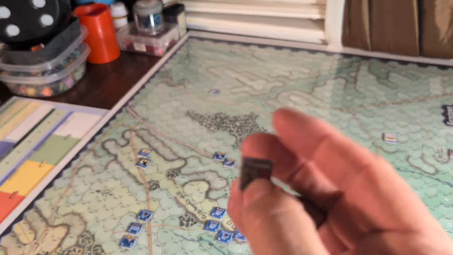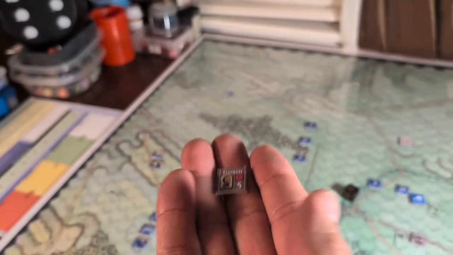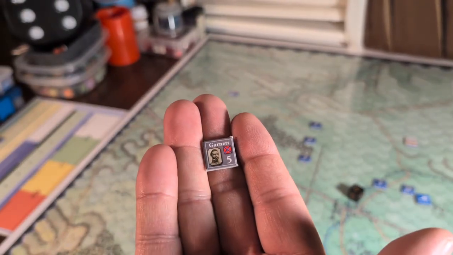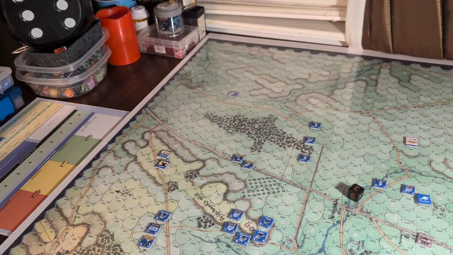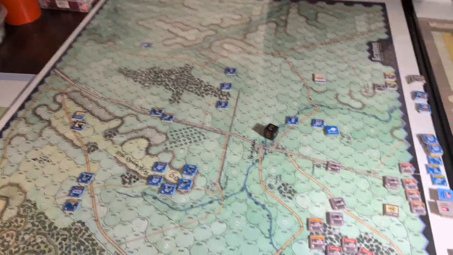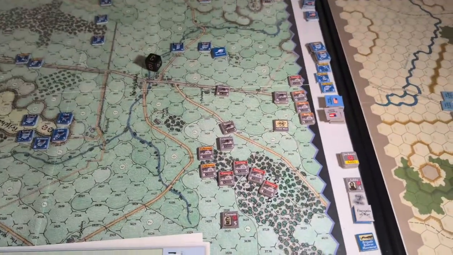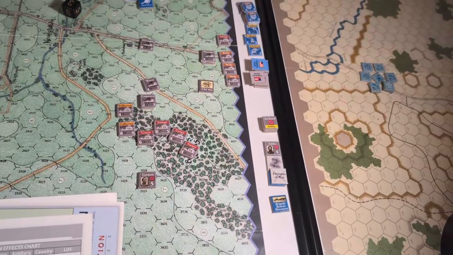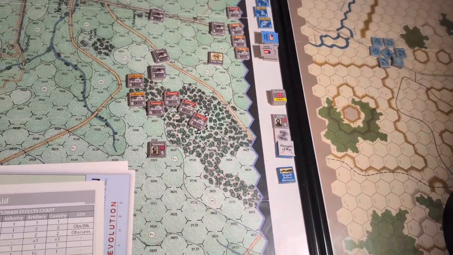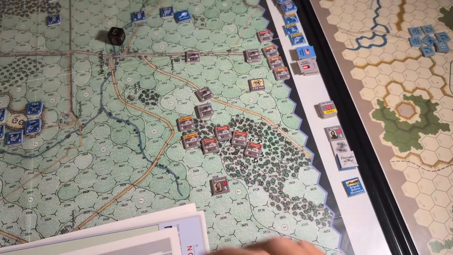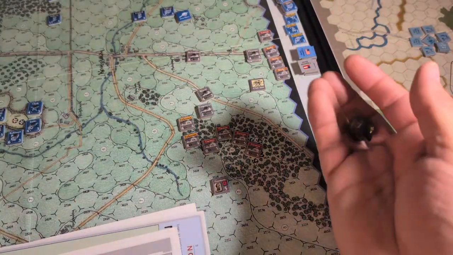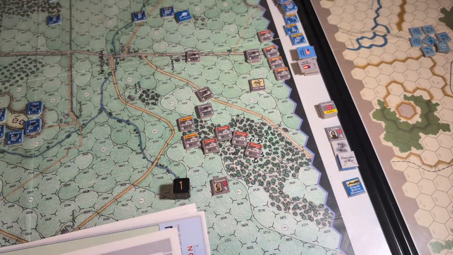Okay, so we've got Garnett. Now we got a roll of 5 or less. Okay, we rolled a 1.